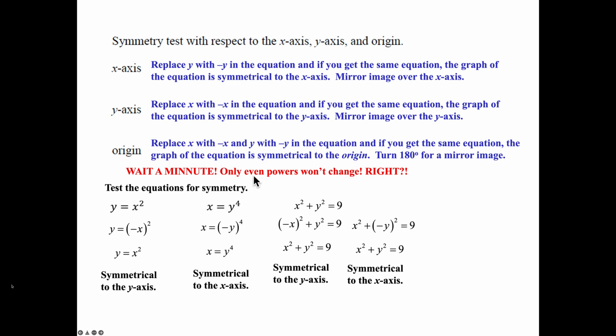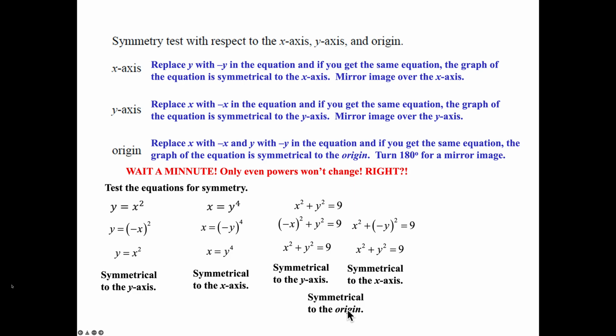And for the origin, well, I mean, wait a minute. I mean, if I got both of these to work, if negative x being squared comes back to x squared and negative y being squared comes back to y squared, if I put them both in, then I should come back to the original. So if both y-axis and x-axis symmetry works, then this has to be symmetrical to the origin.